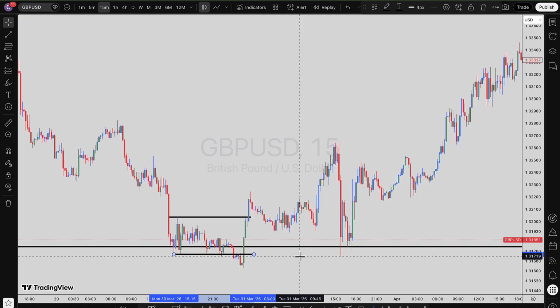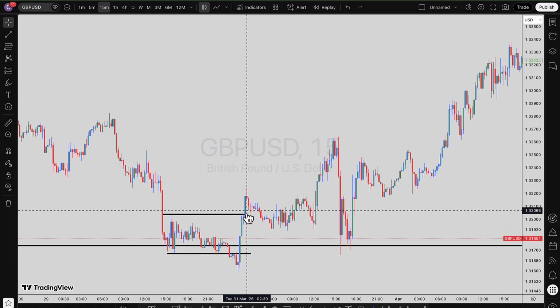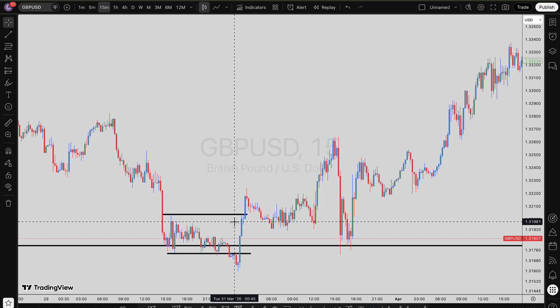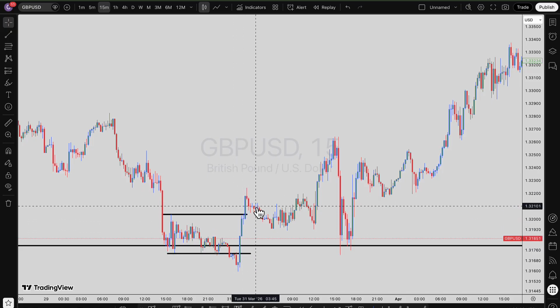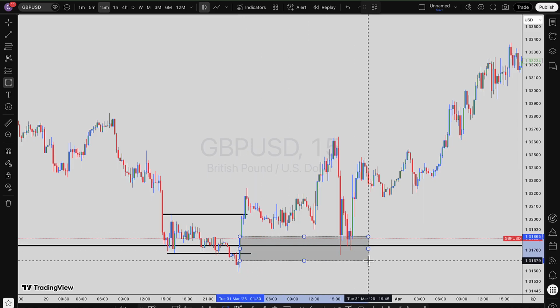After we swept this low, we went up straight and then we had a break of this high. So right here is just like an internal market structure, and then down below right here is a sweep of liquidity. We went all the way up, you can see that. Now instantly we marked our FVGs right here.